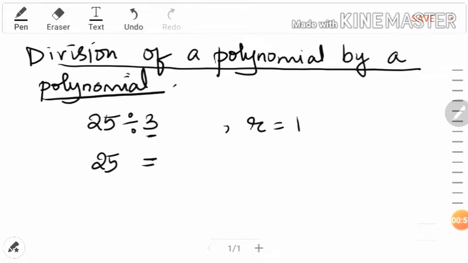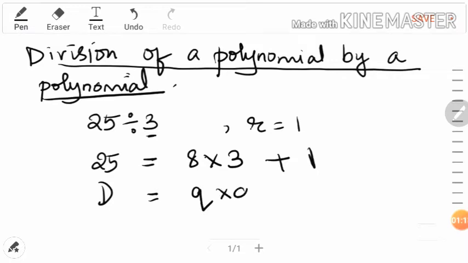So 25 can be written as quotient multiplied by the divisor plus the remainder, that is 1. This is the same as the dividend. I'll write dividend by capital D, quotient multiplied by the divisor by small d, plus the remainder.